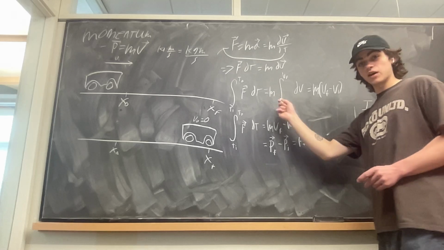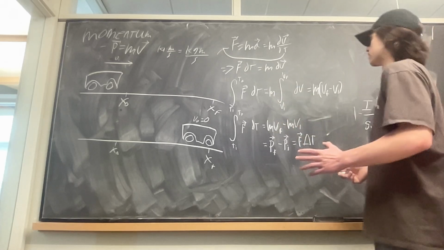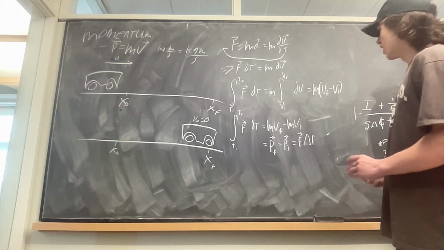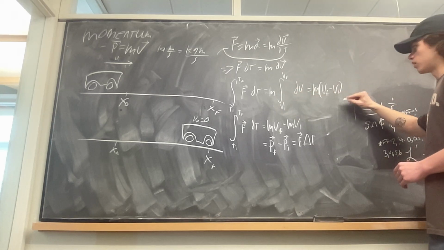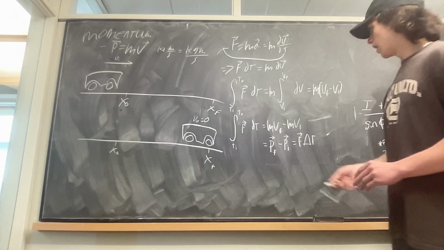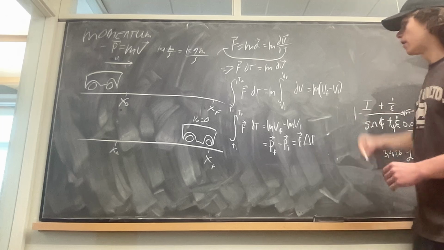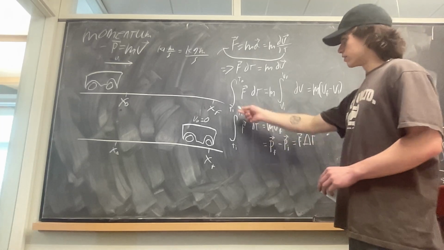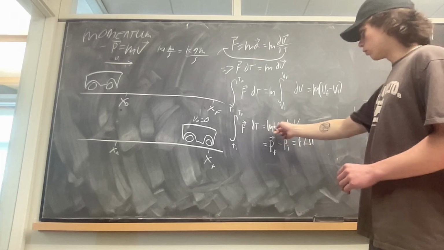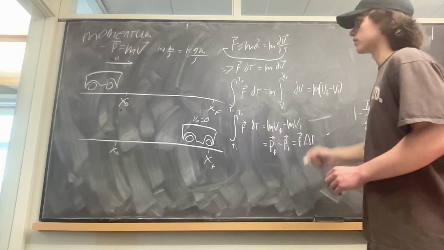Remember, we could pull mass out because mass is a constant, so we don't need to include it in our integral. It's not changing. And we can rewrite this part of the integral as mass times velocity final minus velocity initial. Then if we use the distributive property to multiply that mass into those parentheses, we can rewrite it as mass times final velocity minus mass times initial velocity.